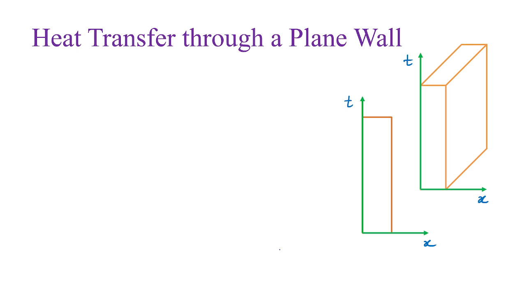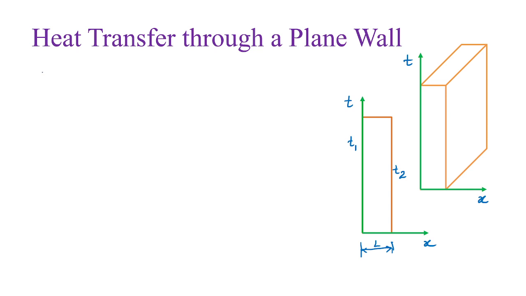Now let us consider the thickness here as L, and in order to understand this particular formula of heat transfer, first of all we need to set certain boundary conditions. So here let us consider this side of the wall is at temperature T1 and the other side is at temperature T2.